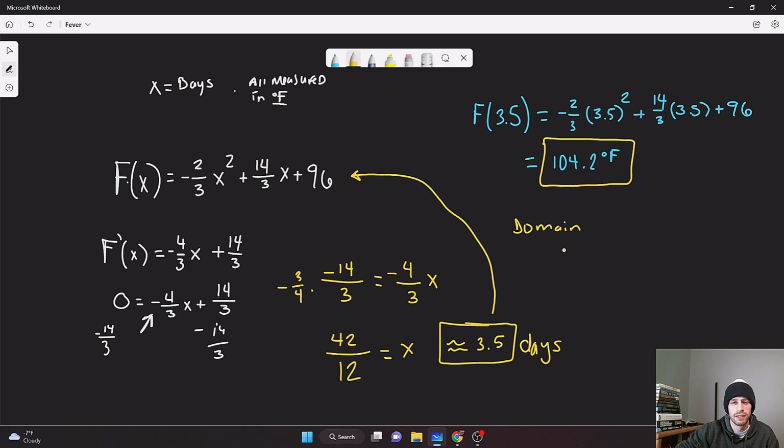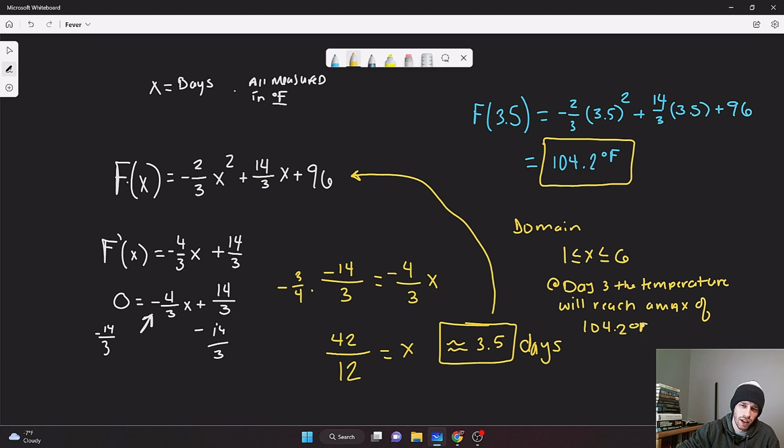And so if we expressed our domain earlier, we see that from day 1 of our viral infection, where x is greater than or equal to, let's say, over 6 days, at day 3.5 the temperature will reach a maximum of 104.2 degrees Fahrenheit in the patient.